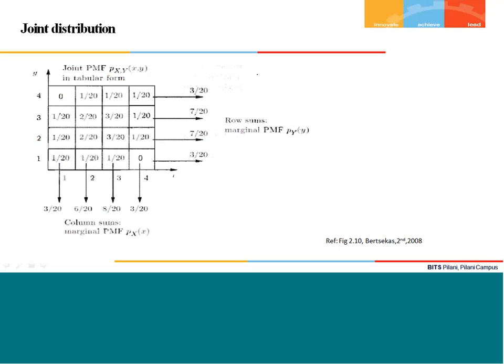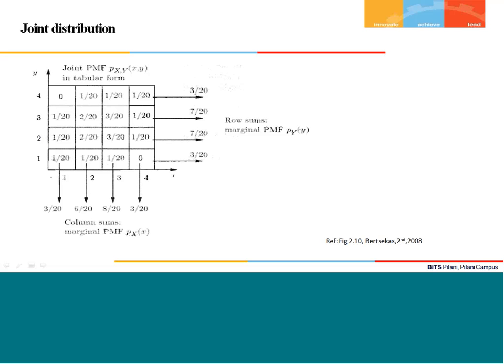I will discuss this problem in detail in the coming slides. So first, I will tell you what is joint probability distribution. Let's say this is a table, and on one side of the table there is an x value, and on the other side there is a y value.